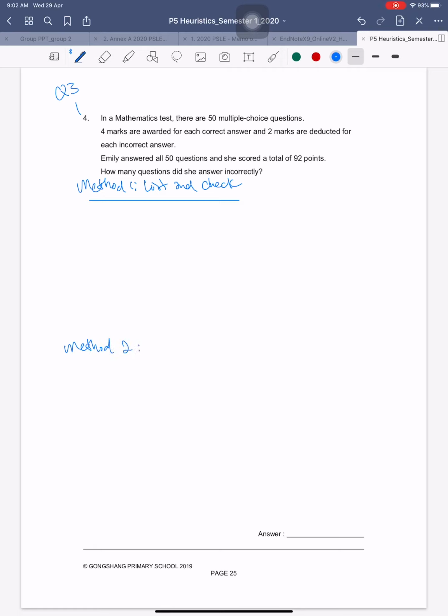Okay, so spacing wise, please do write a bit smaller so that you have enough space for 2 methods. Okay, so you will click on my second link later on after you have tried these 2 questions, question 2 and question 4. Alright, so I'll see you later.